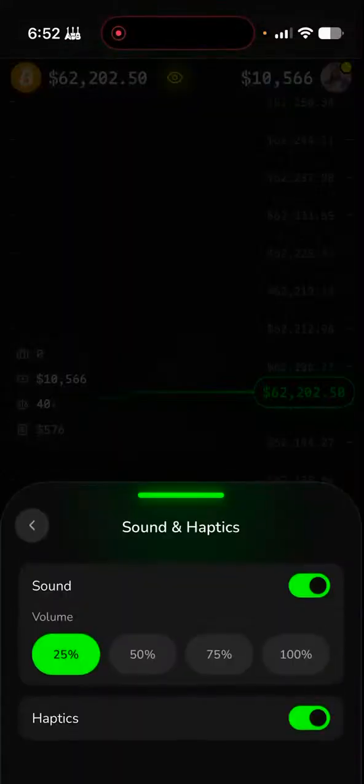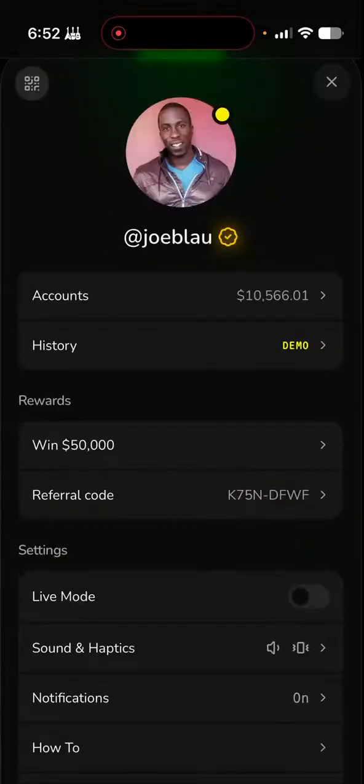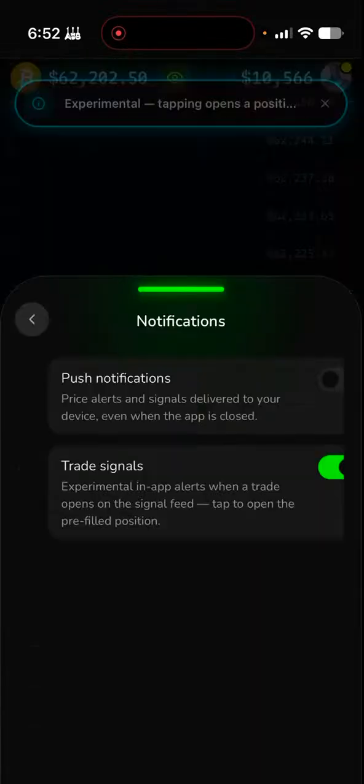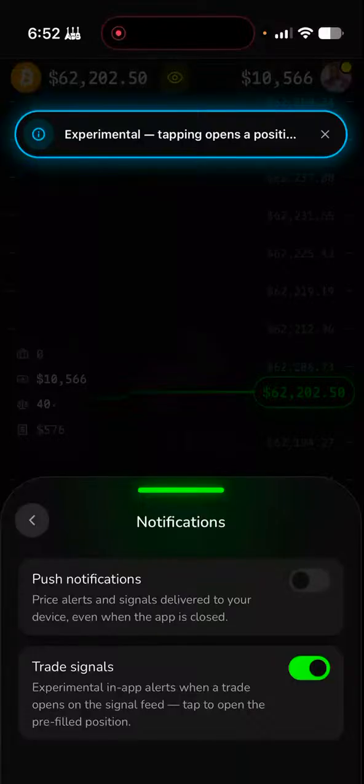Then we also have some configuration for sound and haptics. And we've got a notification system. This is what I'm actually going to get working this week. I've been working on some ways to make this better. I've had a couple of chats with a couple of people that are pretty prominent in crypto in terms of bot trading and building bots, as well as people that have built open source bots.